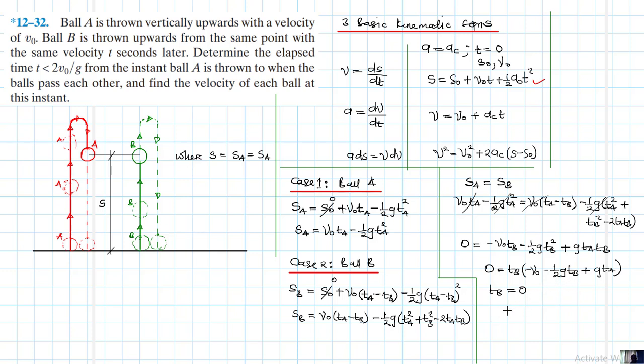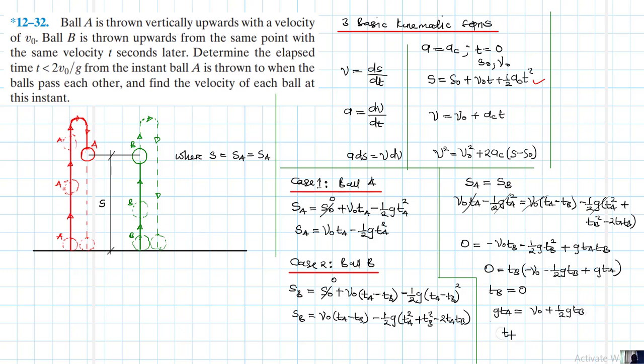So if we made TA subject to the formula, of course this equation becomes G TA equal to minus, it goes the other side, V naught plus half G TB.